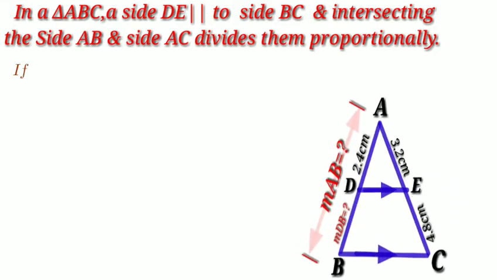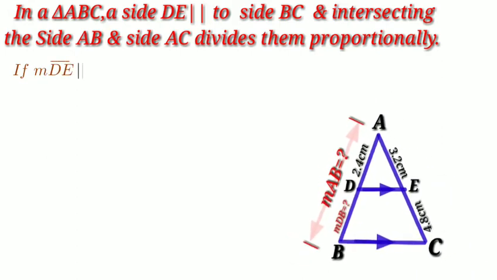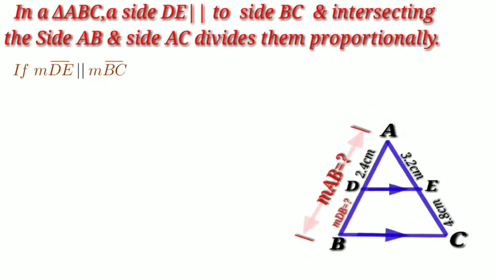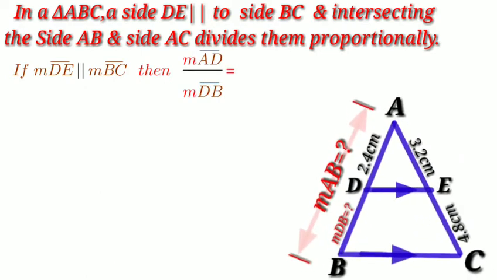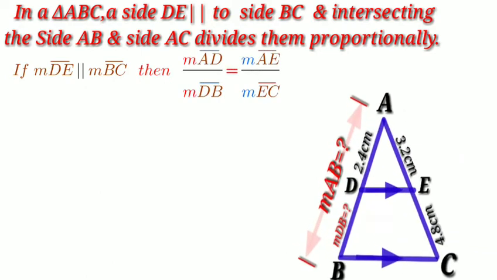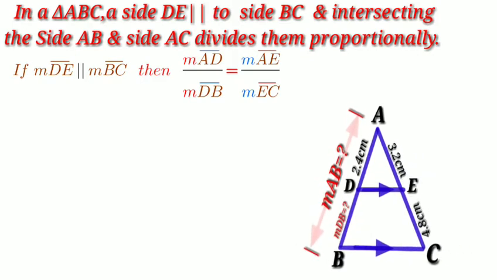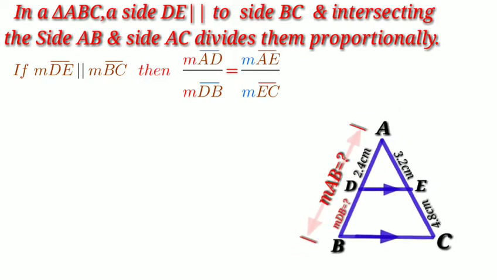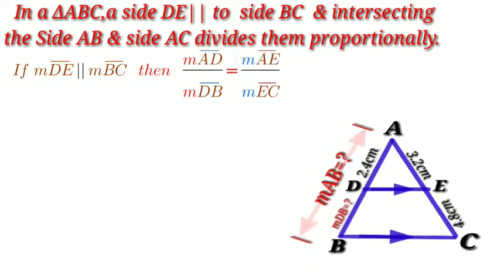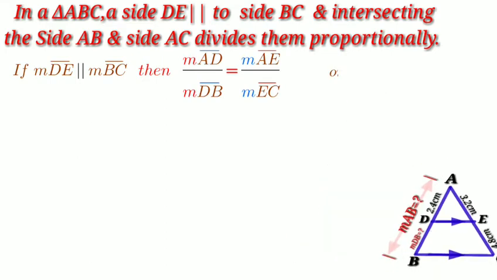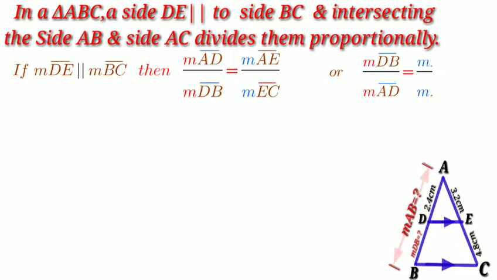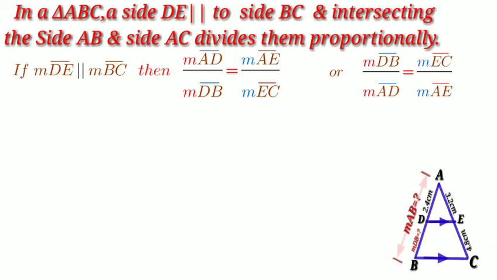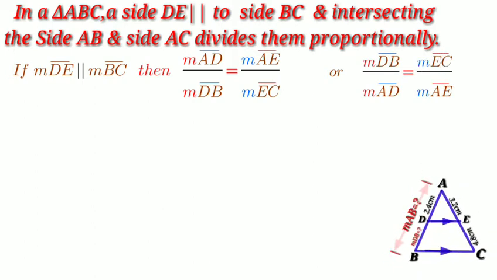Means when side DE parallel to the side BC, then side AD ratio side DB is equal to the side AE ratio side EC. The reciprocal of this proportionality is side DB ratio side AD is equal to side EC ratio side AE.